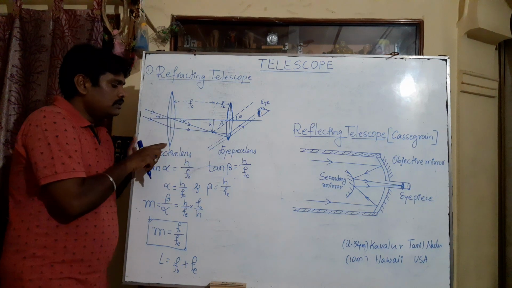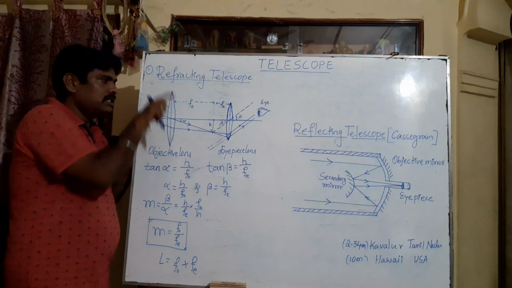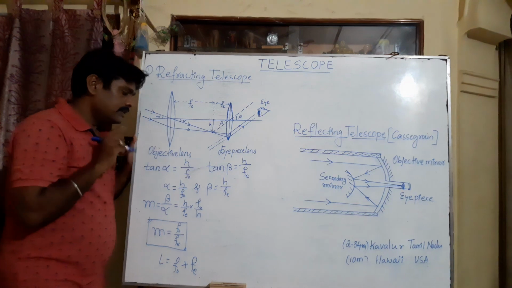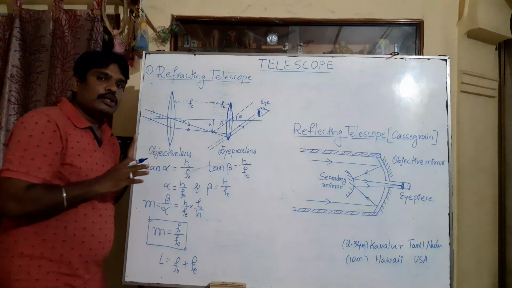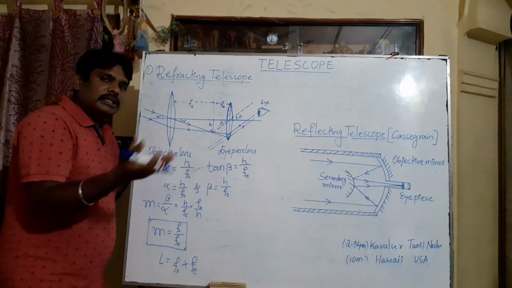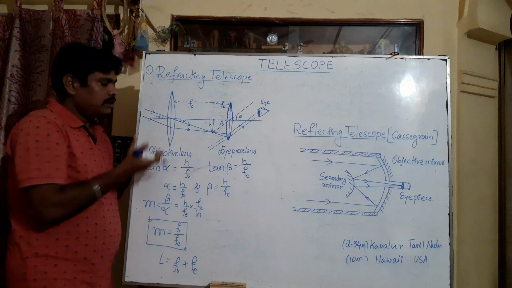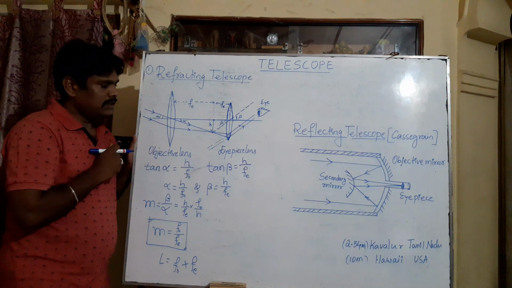The first is that it is very difficult to hold a very big objective lens because the edge is very thin. The second is that since light enters through the lens, it causes chromatic aberration, because dispersion of light takes place during refraction. That is the second limitation of the refracting telescope.